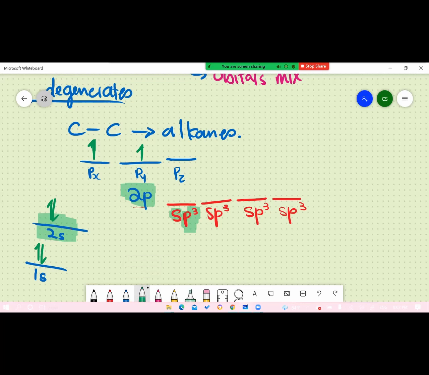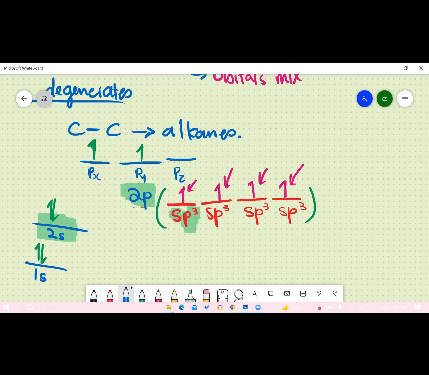Whenever you add 1s plus 3p, that's a total of 4 orbitals. That's why we have 4 hybrids. And each hybrid would have 1 electron capable of pairing. So that's how carbon is able to make its 4 bonds.